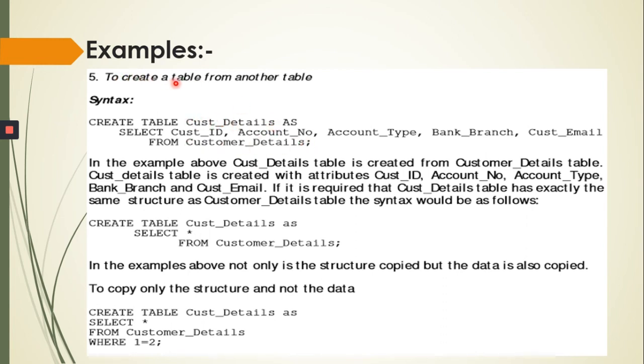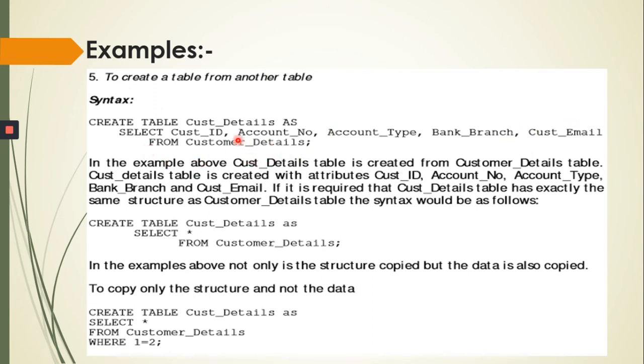So this is creating a table from another table. The customer details table already exists, and I am creating the new table according to it. So create table, new name cust details, as, and here we have to use as, select all columns separated by commas from customer details.